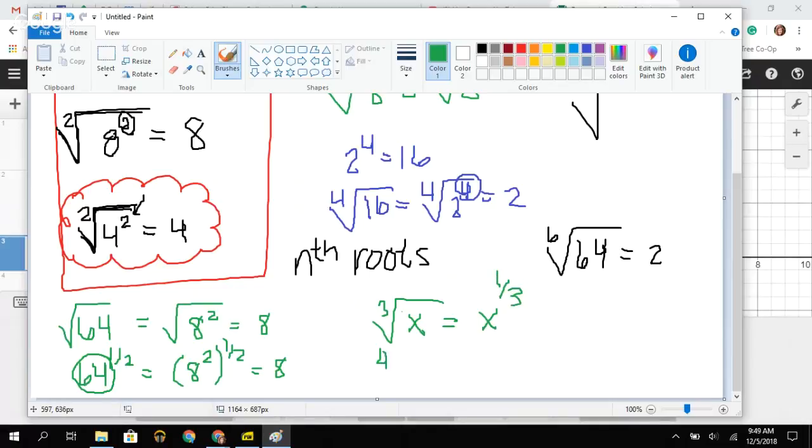If you're taking the 4th root of some number x, you could rewrite that as x to the 1/4 power, and so forth. So you can actually have exponents that are fractions, and those fractions indicate that you're taking the root.